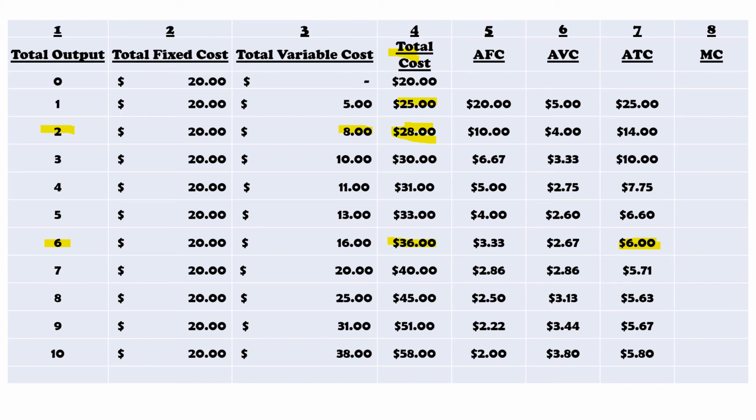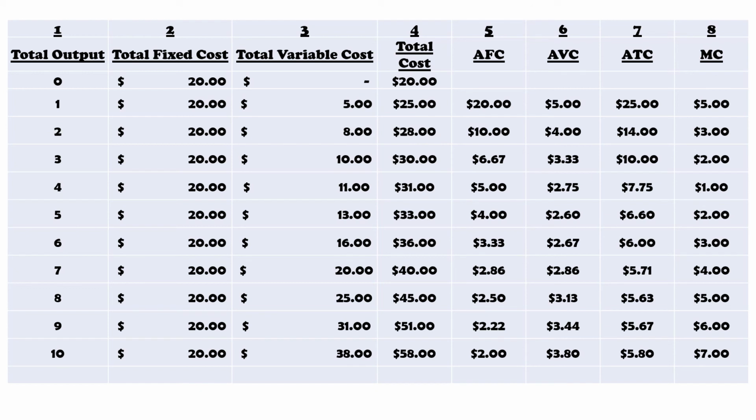And then 3 divided by the change in output, which will be 2 minus 1. So that would be 3. So again, the marginal cost is the change in total cost divided by the change in output.